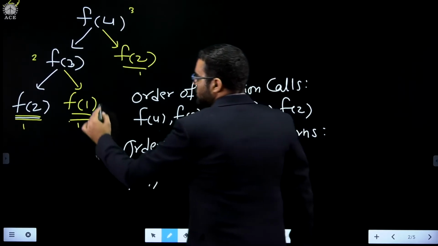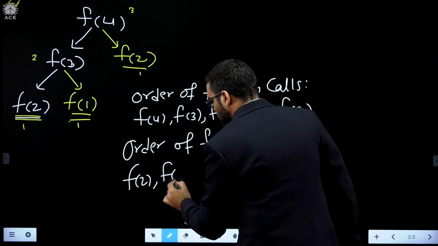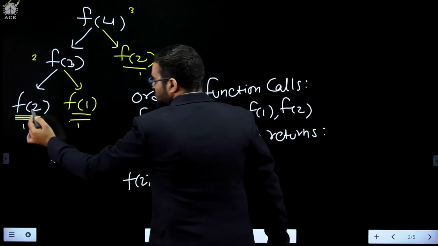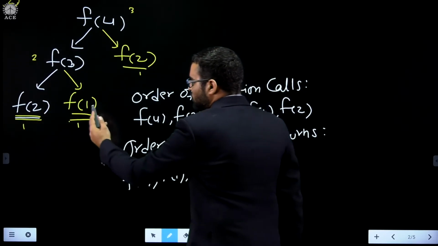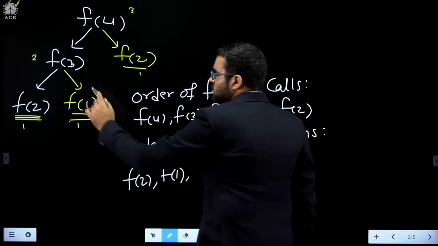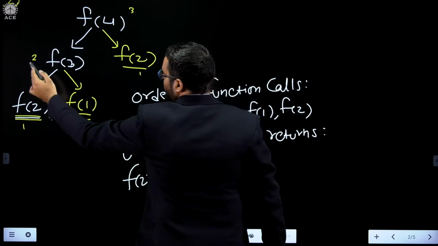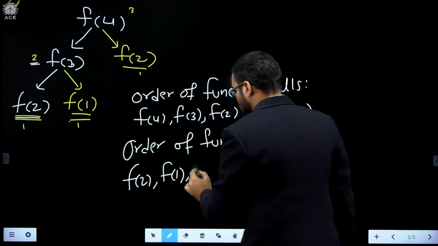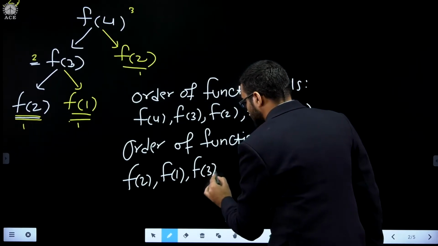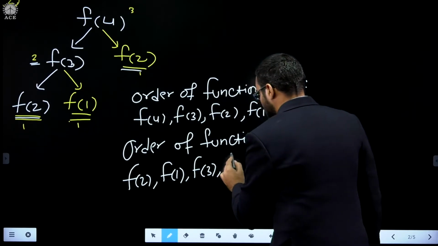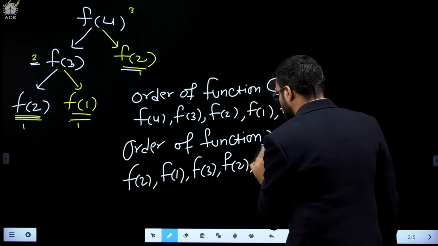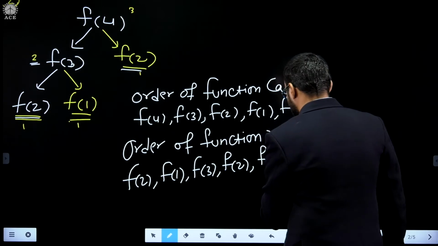Then you can see f1 is returning. Once f2 and f1 are computed, this f3 will return the value f2 plus f1. After that, f2 will return, and after that, f4 will return.